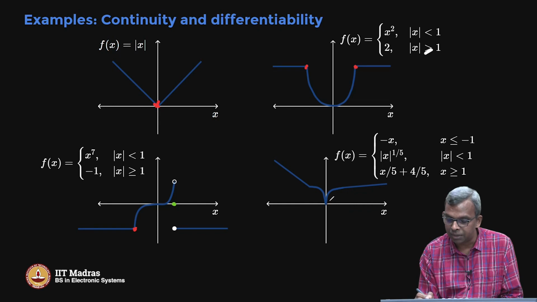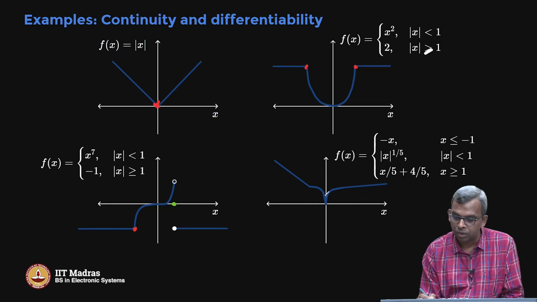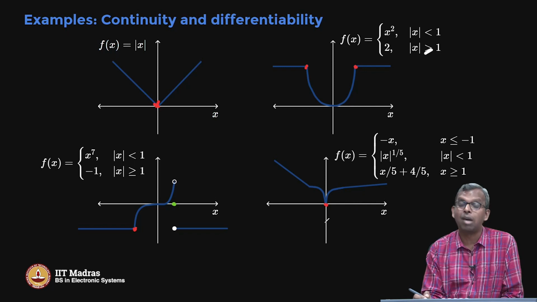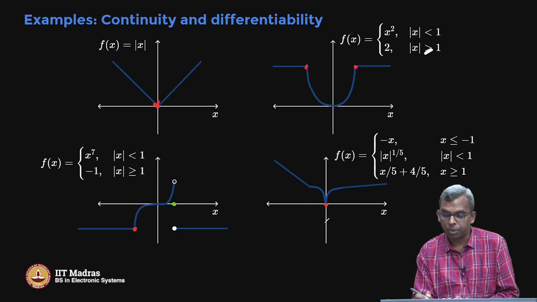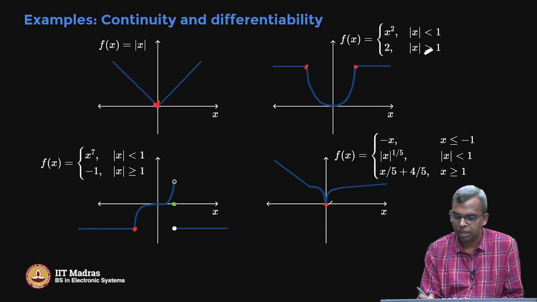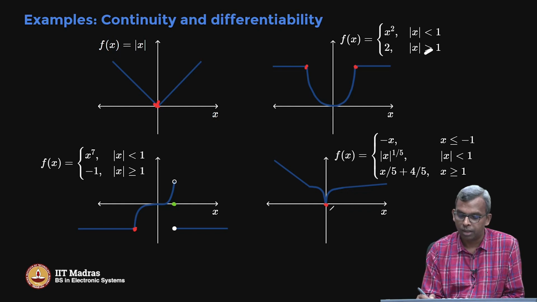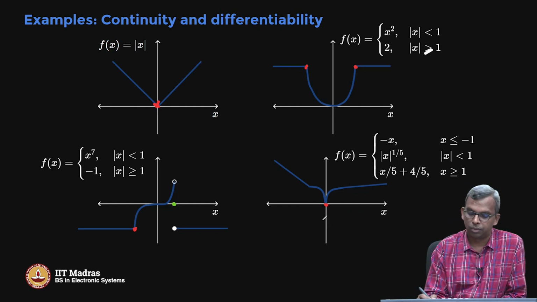So, if you see here, there are a few issues. Let us look at x equals 0. At x equals 0, you have a problem, right? The slope, do you have a problem? Think about this. What happens at x equals 0?